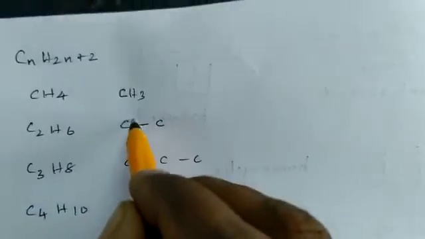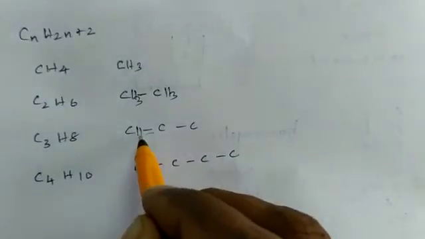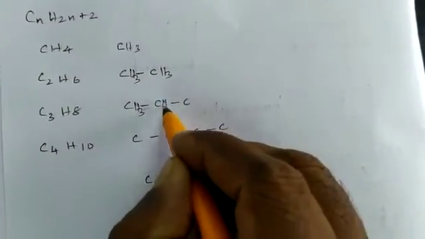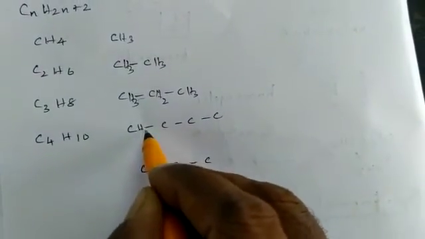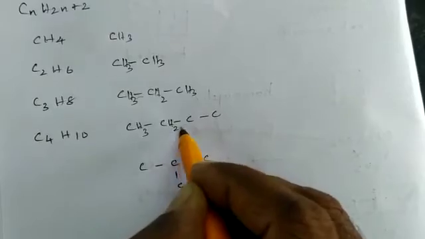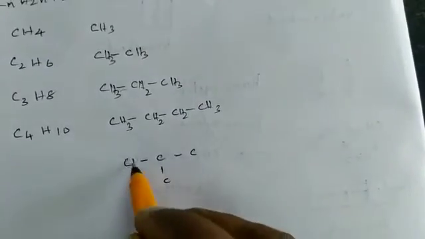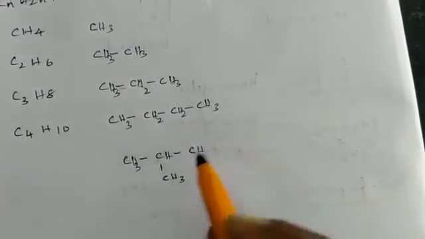Here CH3 bonded to CH3. Here CH2, here CH3, and so on. Here CH3, CH, CH3, CH.